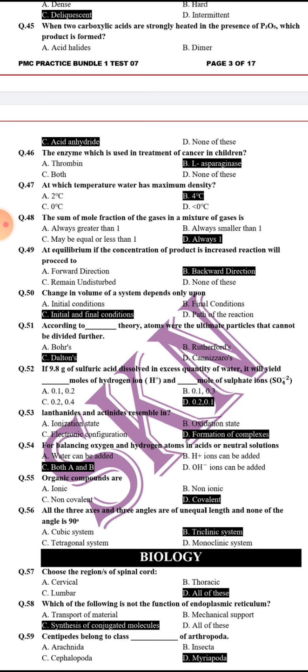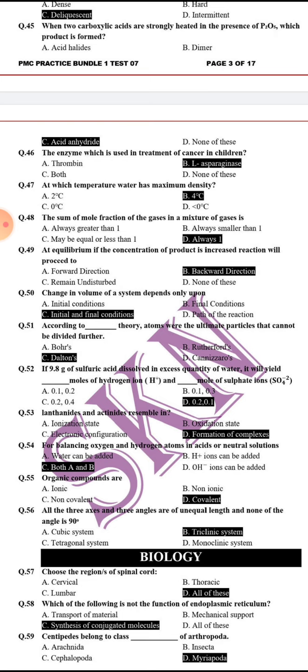Change in volume of the system depends only upon initial and final condition. The next question 51. According to dash theory, atoms were the ultimate particles that cannot be divided further. Okay, Dalton.